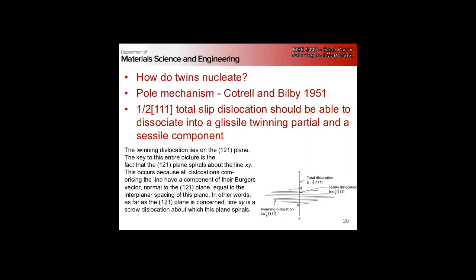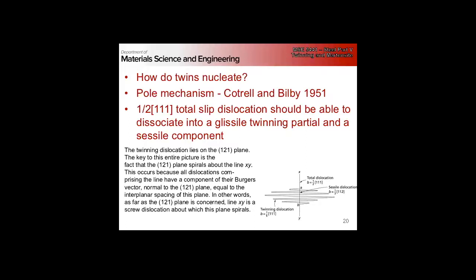So here we have a 1/2 <1 1 1> total slip dislocation that then dissociates into a sessile 1/3 <1 1 2>. So in between A and B, this total dislocation is dissociated into a mobile dislocation, what we call the twinning dislocation, and the sessile dislocation.